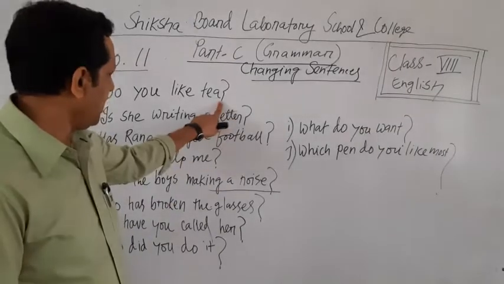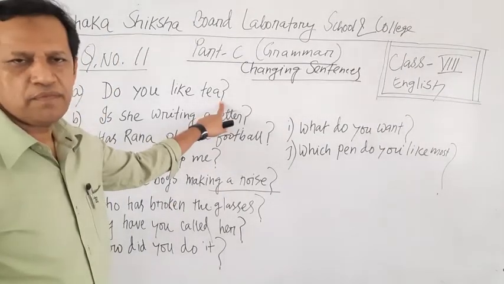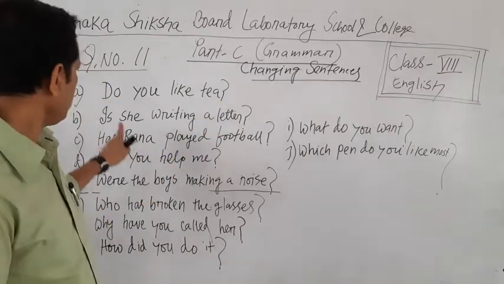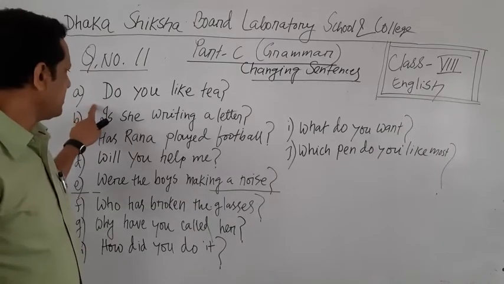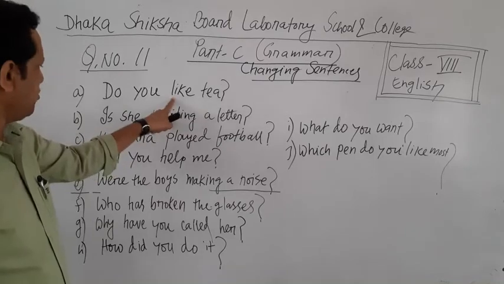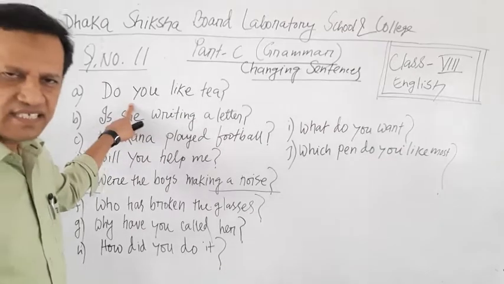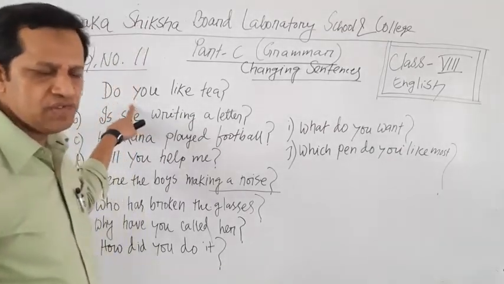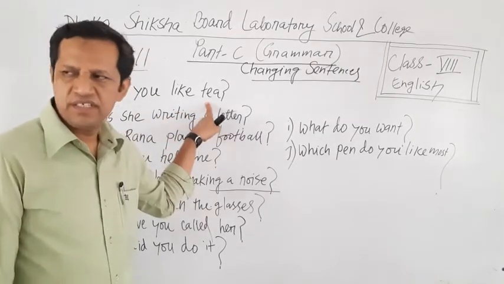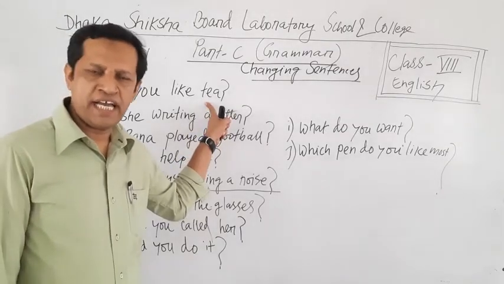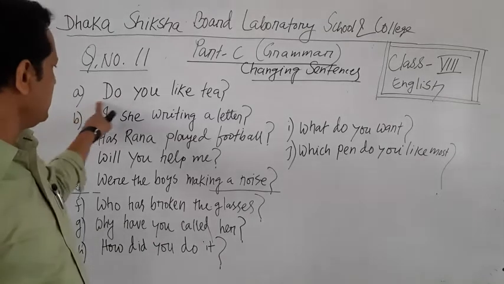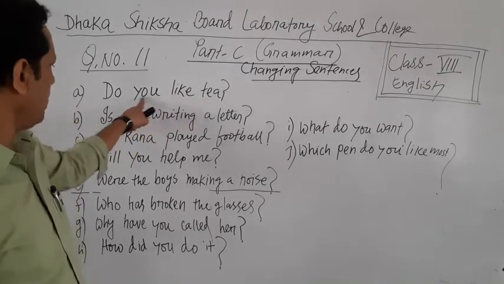As it is an interrogative sentence, the helping verb must be used at the beginning of the answer. So, is tea liked by you? Because tea is the object and tea is singular, that's why we have to add is. So the answer is: is tea liked by you?